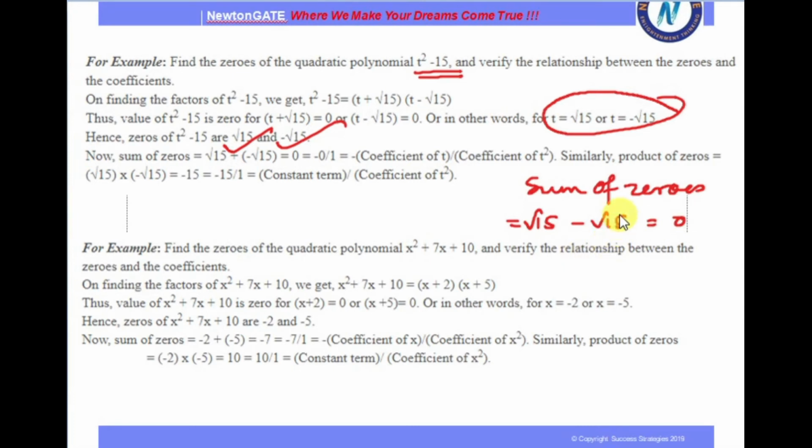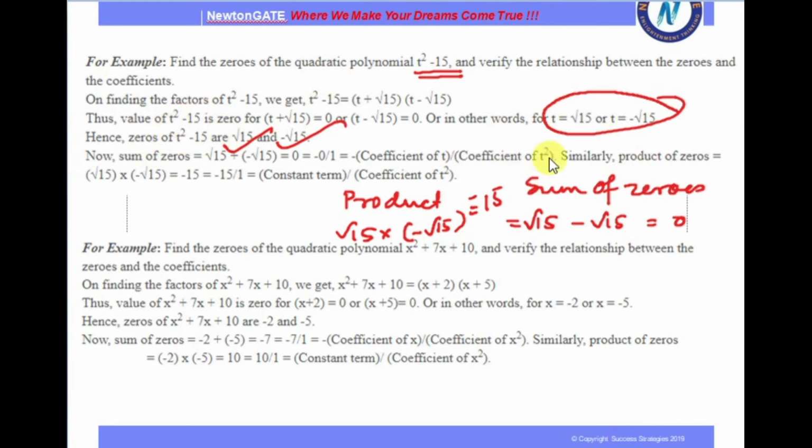And the product will be root 15 into minus root 15. Please be very careful about this sign. It is minus 15. This is entirely done upon finding the roots using the factorization method.